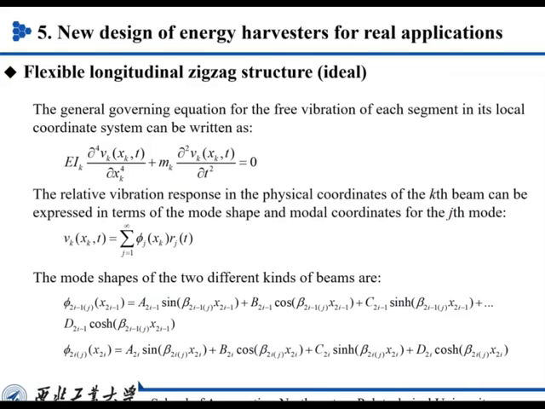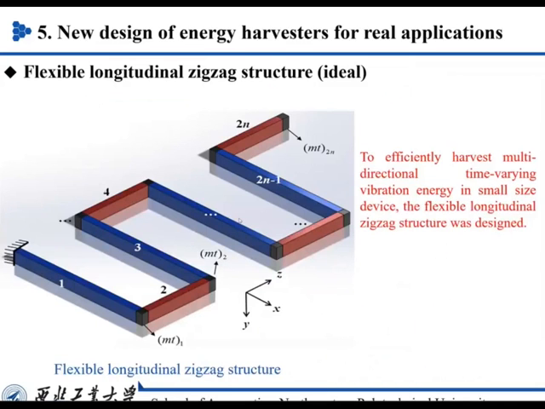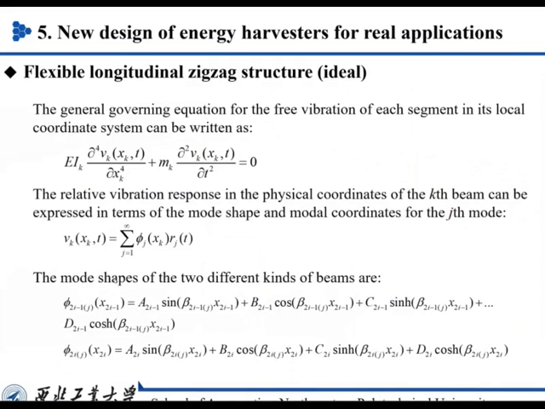We assume the general governing equation for free vibration of each segment, that means each beam in this structure. For the mode shapes of two kinds of beams, the blue ones are one kind and the red ones are another type, so we use different mode shapes to describe them.